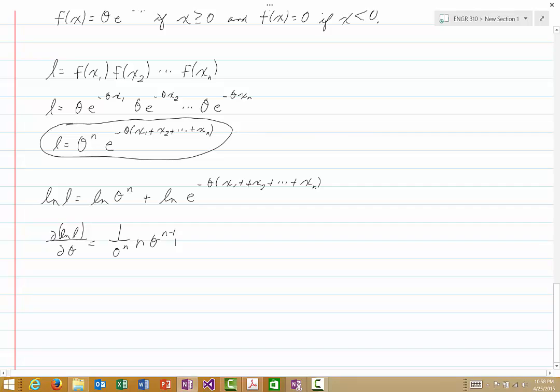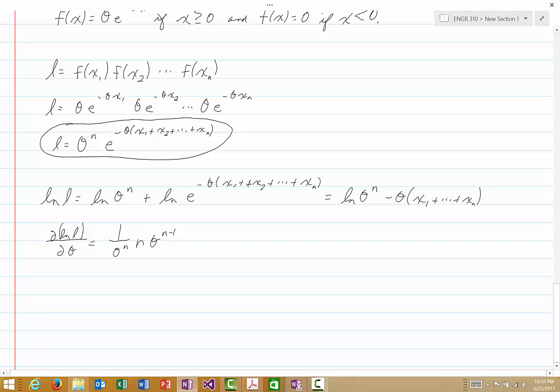Now, this second term, actually, let me note up here that we could write this in even nicer form. This is the natural log of the natural base to this power, so this is just minus theta times x1 plus dot dot dot plus xn.